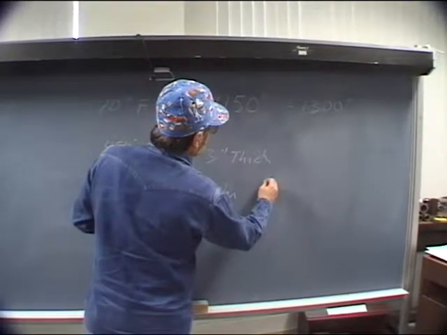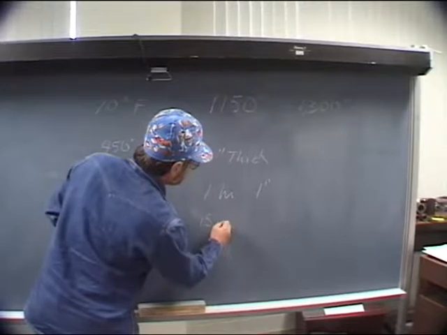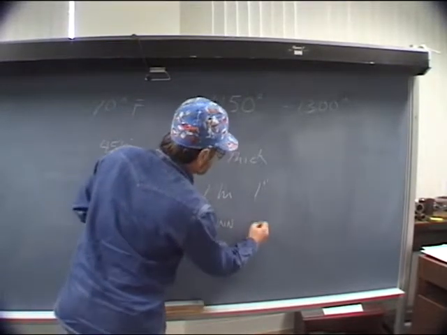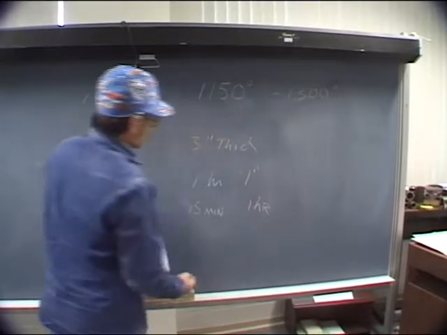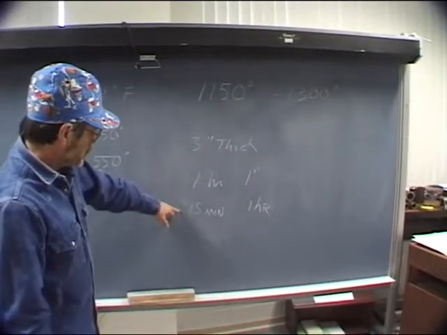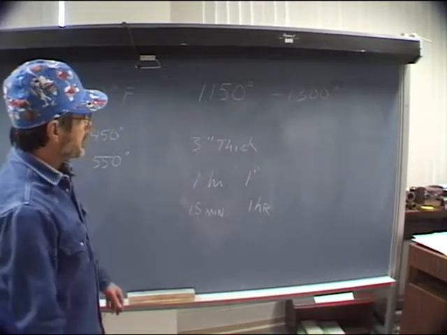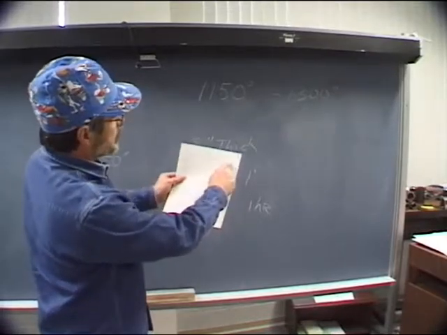Let's see, it's an hour for the first inch, and then 15 minutes for each additional inch. So to stress relieve or post-weld heat treat something that's 3 inches thick, we would probably do so for at least an hour and a half at about 1150 degrees. So that's the kind of information that would go in here.